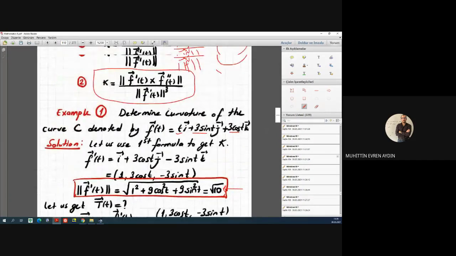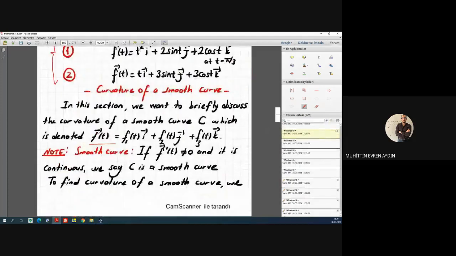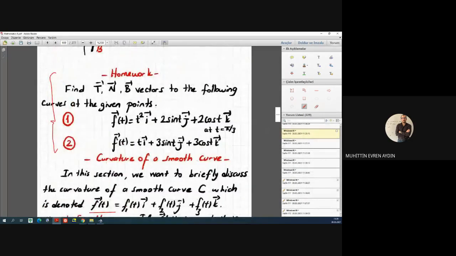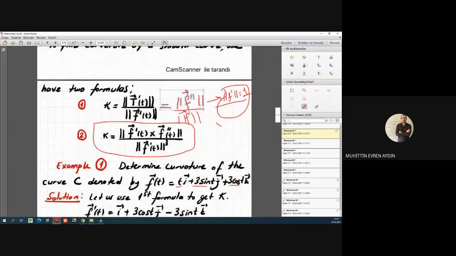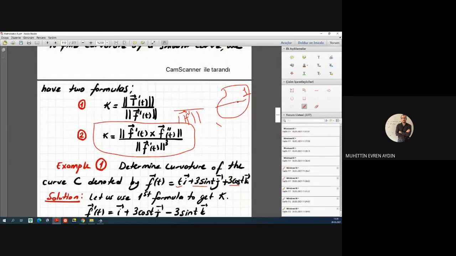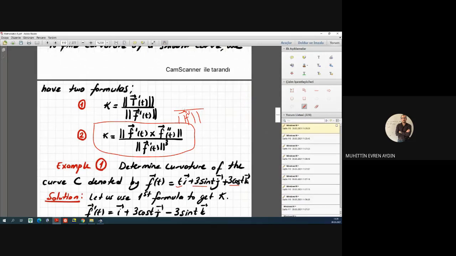So if you want to find the curvature of a curve, of course, use this formula. Let me be clear. This formula is valid always. In any case, you can use this formula, but it also has a restriction: you may use this formula only in the three-dimensional case.